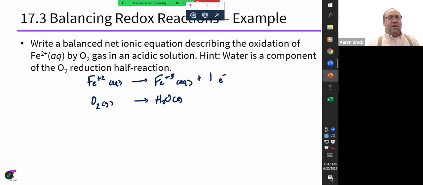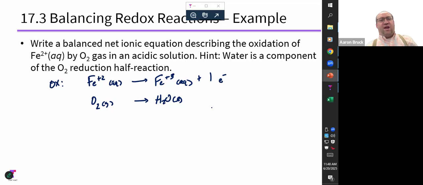Okay, is this an oxidation or a reduction? This one's an oxidation. Again, the way that we can tell is the reaction is giving up electrons. Oxidation is loss of electrons.